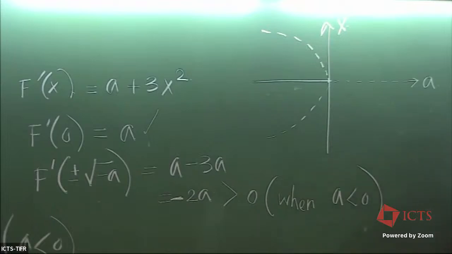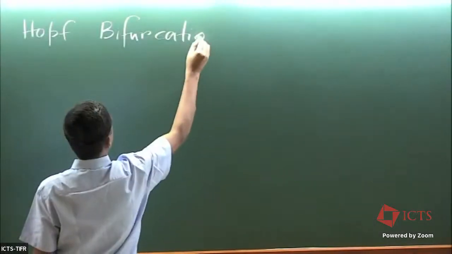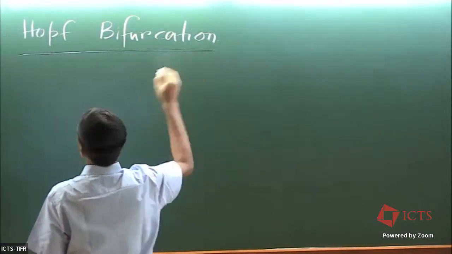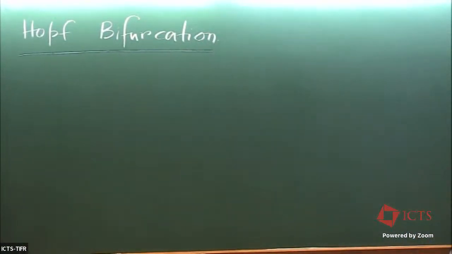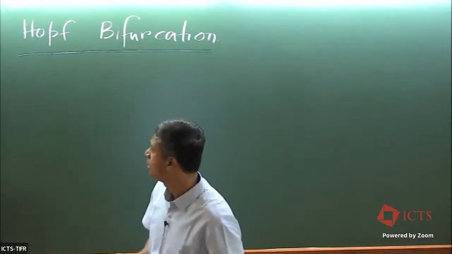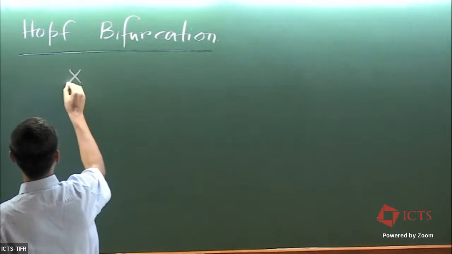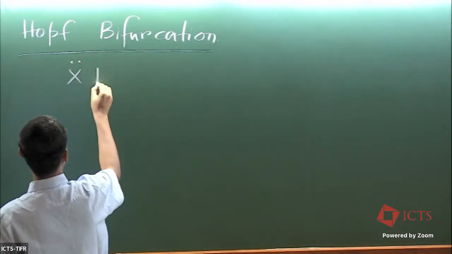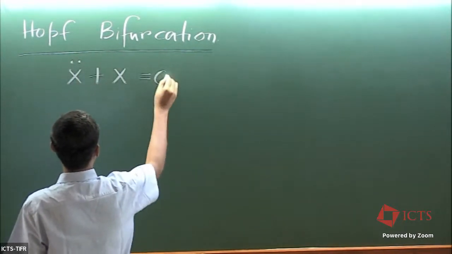Fine. So now let me discuss Hopf bifurcations. So Hopf bifurcation cannot happen in a one-dimensional system, because it needs the system to oscillate. Okay. And for oscillation, we can start with this very simple equation, x double dot plus x equals 0.